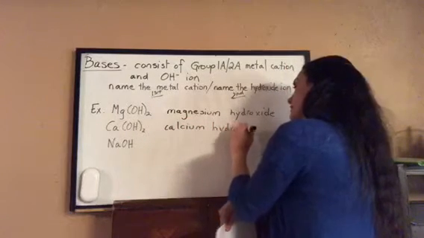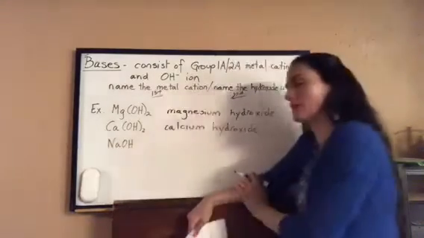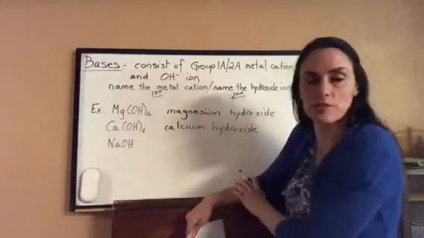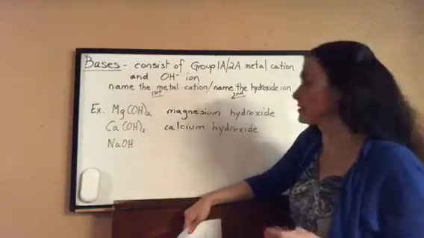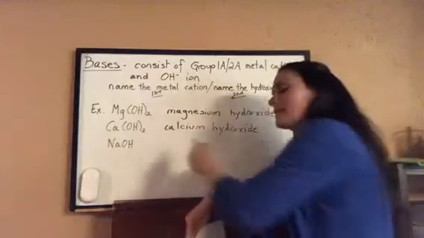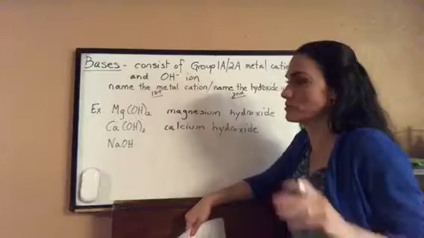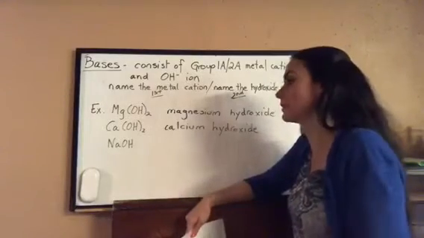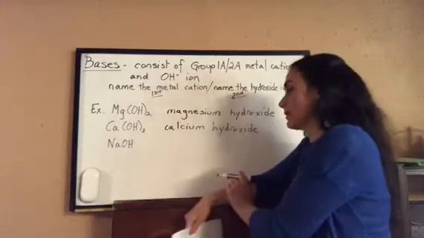Calcium hydroxide is the ingredient that is put into orange juice to make the orange juice calcium fortified. Naturally, orange juice does not have calcium in it. So this base is added to give it calcium. So it's put in there synthetically. And this is the source of that calcium ion.